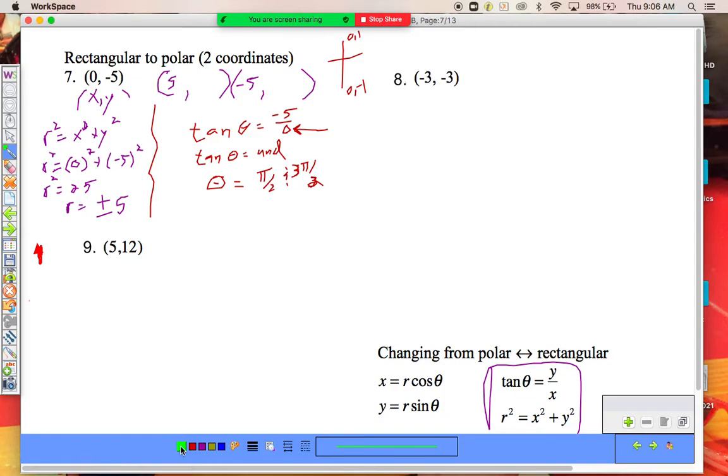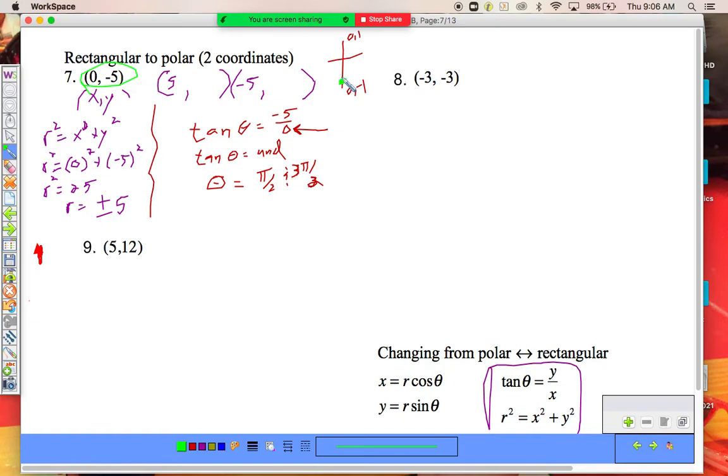All right, so now our next part is we have to decide where they go. Does pi over 2 get the positive or the negative distance? Does 3 pi over 2 get your positive or negative distance? And how we're going to figure that out is I'm going to quickly mentally graph this point, which is going to be down at the bottom. So my ordered pair 0, -5 is down at the bottom of my graph.